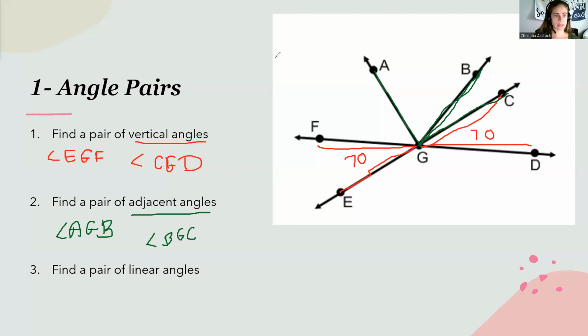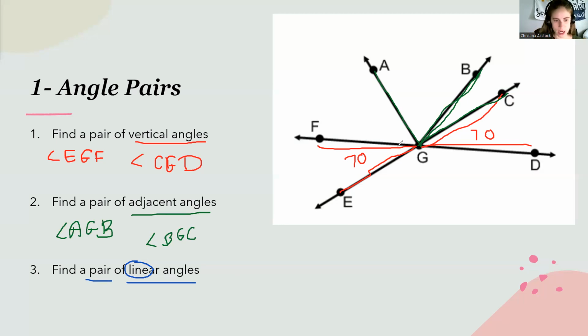And last but not least, we need to find a pair of linear angles. So linear angles, remember, they create a straight line. So we need to find a set of angles that are going to create a straight line. Because it says the word pair, that tells me I need two angles. That kind of minimizes my choices here.